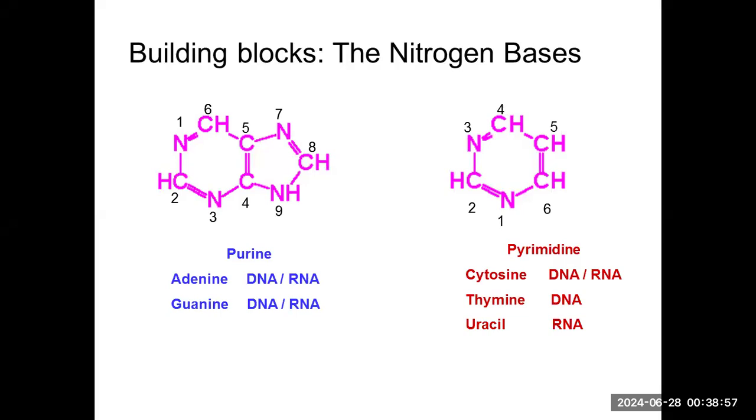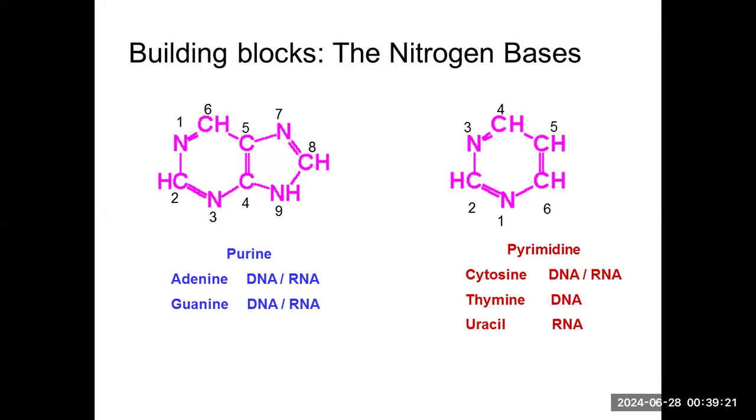Then the second nitrogenous bases that we have in nucleic acids are the pyrimidines. Pyrimidines are a 6-membered ring, and we have three types of pyrimidines: cytosine, thymine, and uracil.